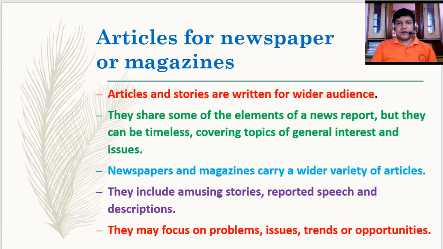Now let's move on to the next section of this presentation. This section is about writing articles for newspapers and magazines. Actually, articles and news reports are different. News reports are the reports of factual happenings, without adding our personal judgment or argument.